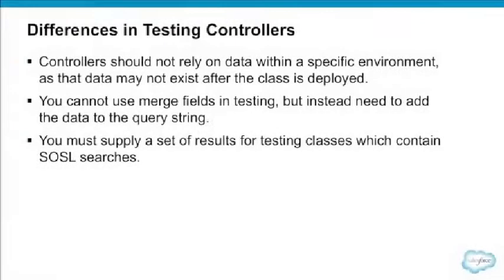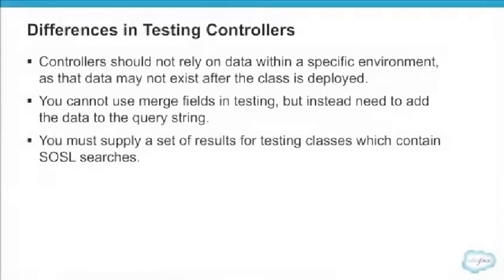You don't have your data bindings within your Visualforce pages, because the Visualforce pages themselves aren't there. So, in order to mimic an end user filling out a form, you would explicitly call setters. Depending upon how many setters you have, create your mock data and then call those setters to mimic a user submitting a form.